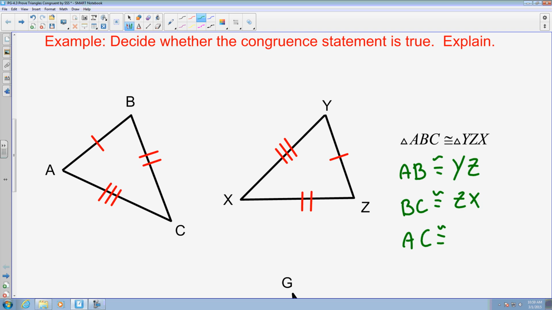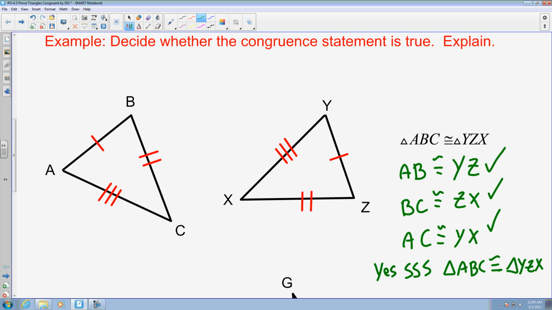And it is. So I can say that AC is congruent to YX. This gets checked off, this gets checked off, and this gets checked off. I can say yes to all three of those. I can say yes because of side-side-side congruency. Triangle ABC is congruent to triangle YZX.